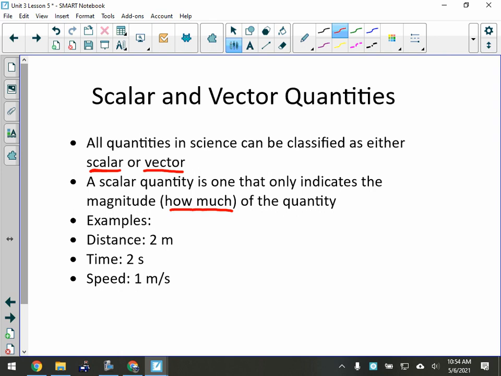Here are some examples: a distance of 2 meters, 2 seconds, a speed of 1 meter per second. It only includes the number, the magnitude, how much.